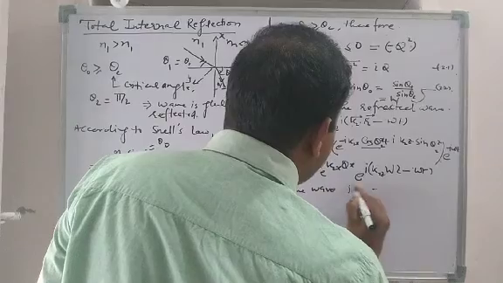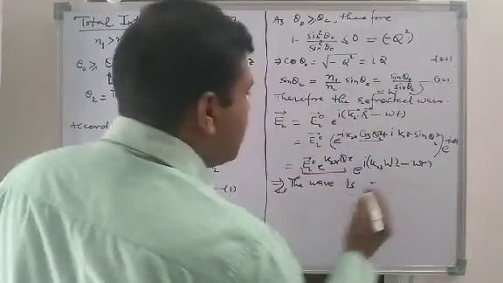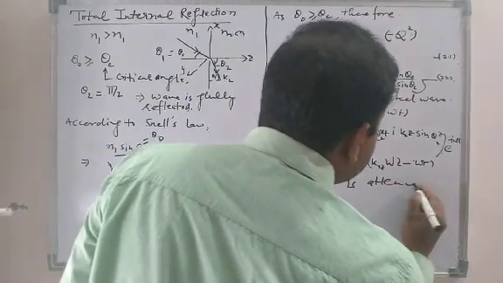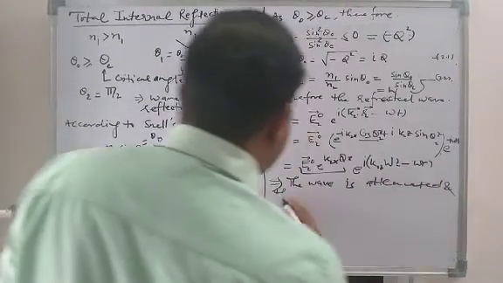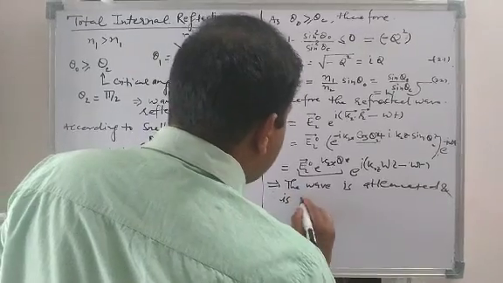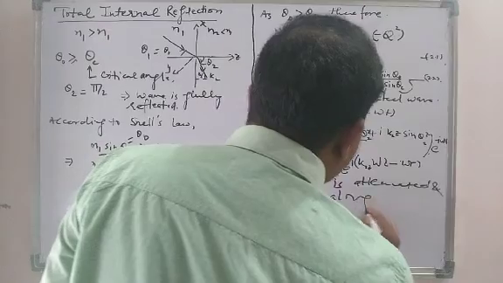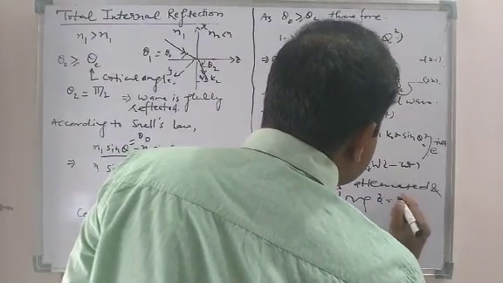The wave is attenuated, number one. So this is the shifted one. So the wave is attenuated and is moving along z direction.